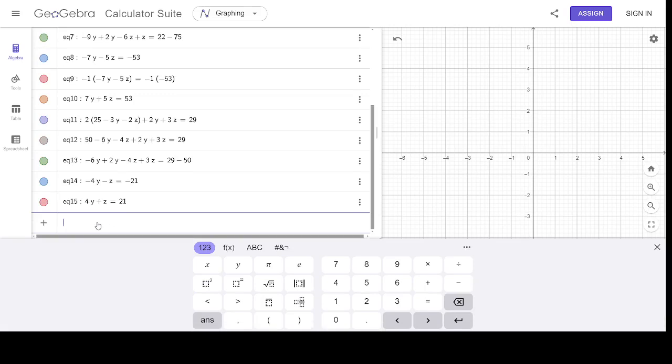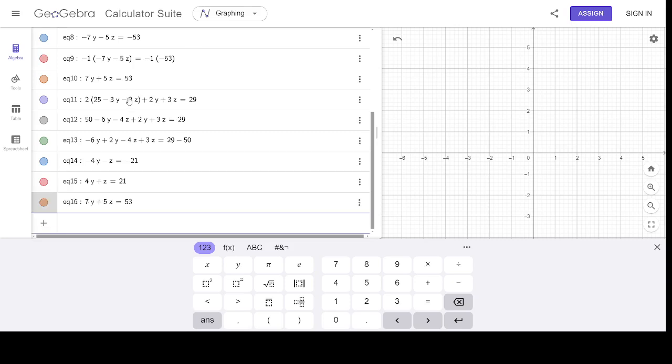Now let's start with equation 10. We'll say 7y plus 5z is equal to 53. Okay, 7y plus 5z is equal to 53.